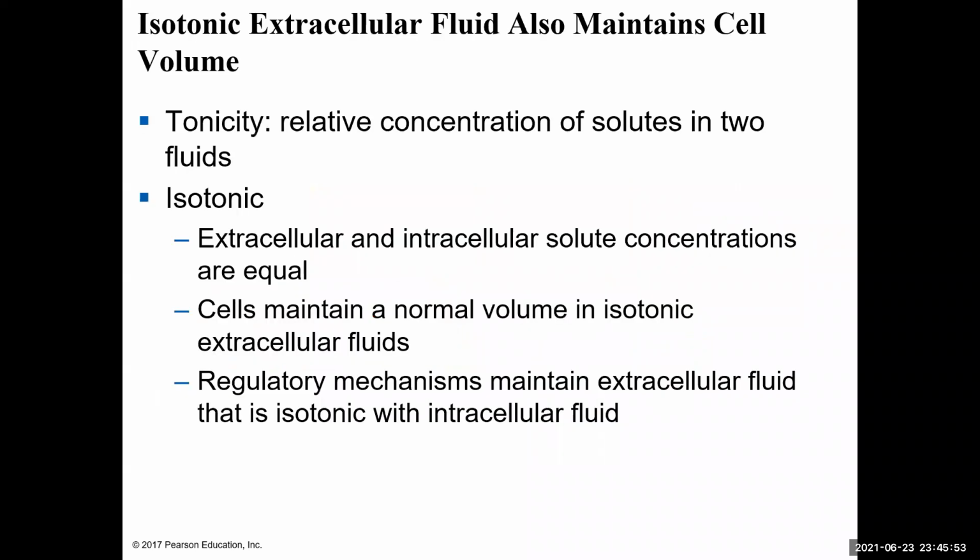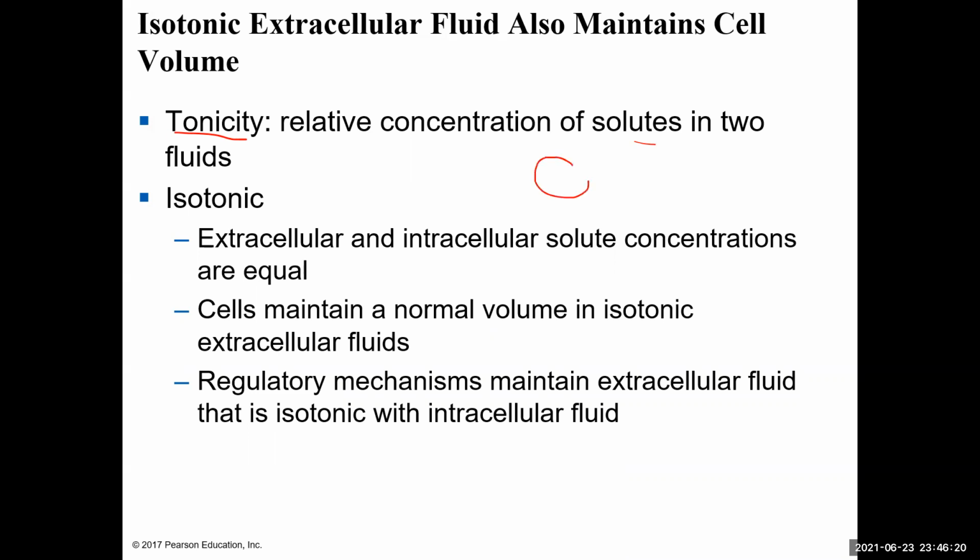Now, the concentrations of the solutes inside the cell versus outside of the cell is what we refer to as the tonicity. And the tonicity, which is this word here, is the relative concentration of two solutes in two fluids. So this is the key thing. It's two solutes and two fluids, right?